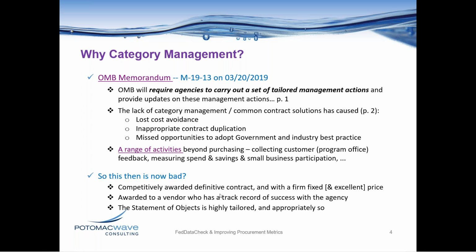I got a great price with a great vendor, and now I'm being punished because definitive contracts, by definition, as we'll see, do not count towards category management spend. Didn't seem right to him. All right.